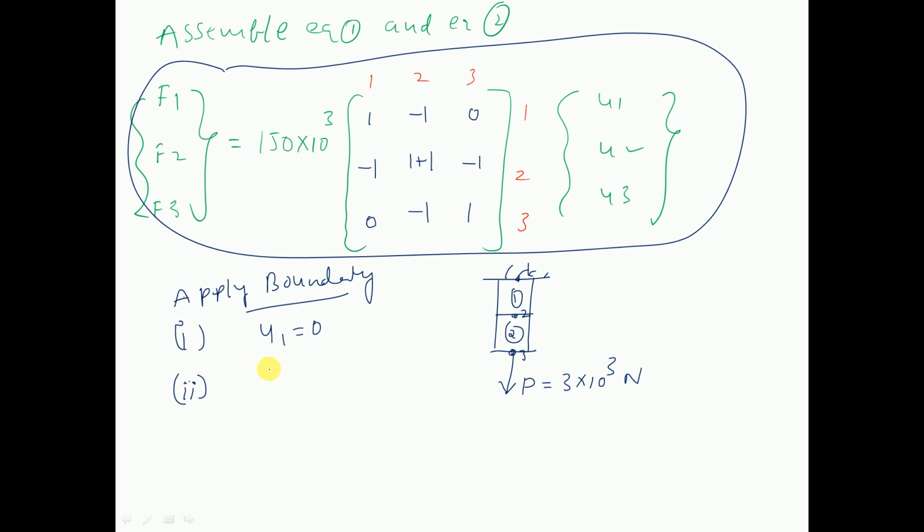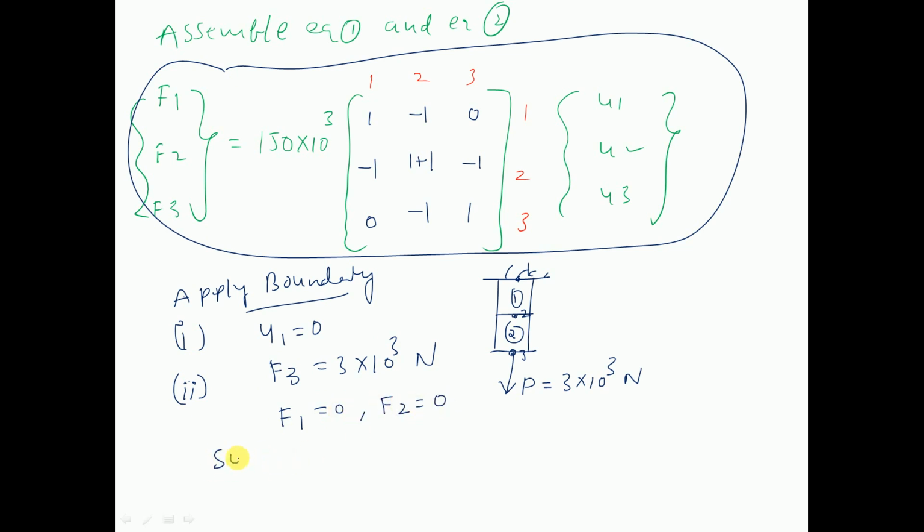Then F3, the force at node 3, is 3 into 10 power 3 Newton, and the forces at node 1 and node 2 are not given, therefore F1 = 0 and F2 = 0.